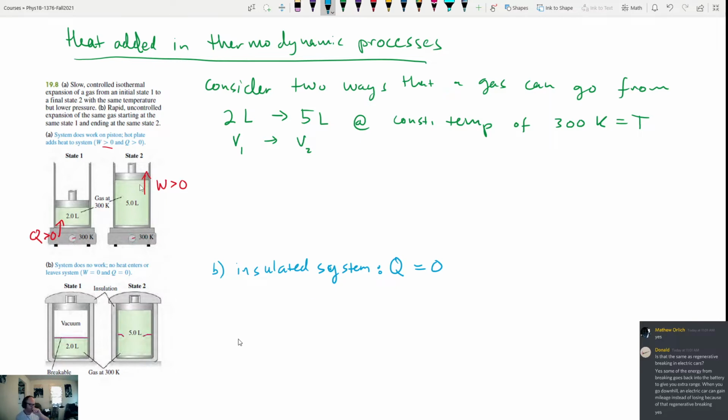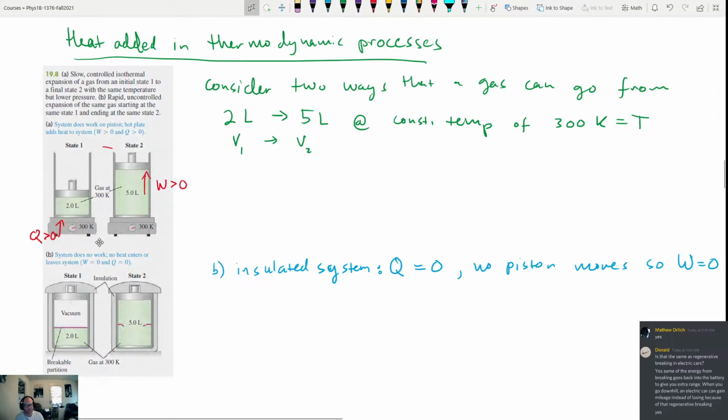In addition, there's no piston to move, so work is also equal to 0. We call this type of expansion, with the breakable partition, the free expansion of an ideal gas. We're going to see this show up again.